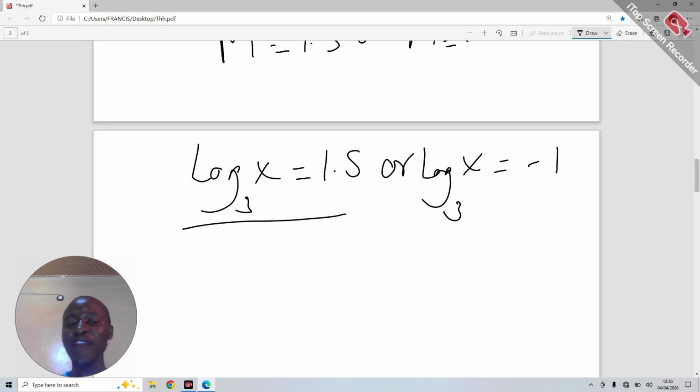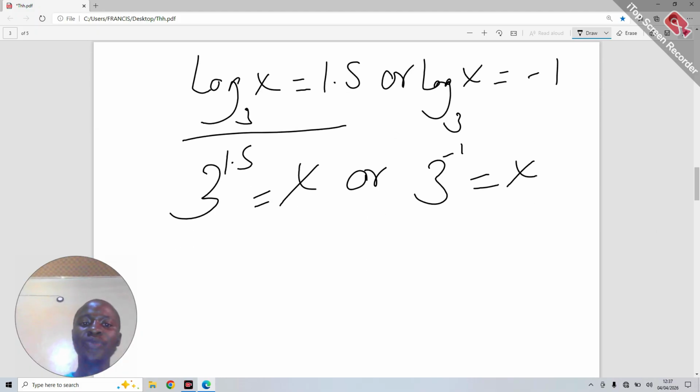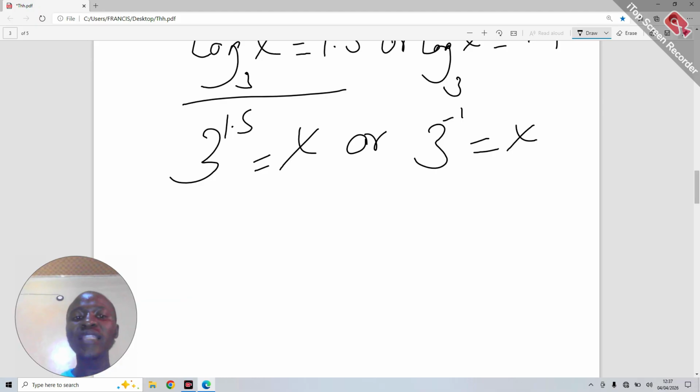Back there, if you can't recall, go back and check the first video. So this is 3, then power, then 1.5 is equal to x. So our first x will be 3 power 1.5, or 3 power -1 is equal to x. So that means we shall have two answers. So the first x will be 3 power 1.5.